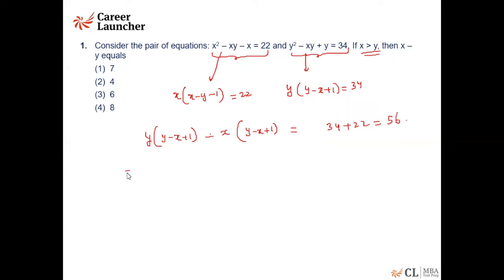So we get (y minus x) into (y minus x plus 1) is equal to 56. Basically, since x is greater than y, this could be thought of as minus 7 into minus 8.